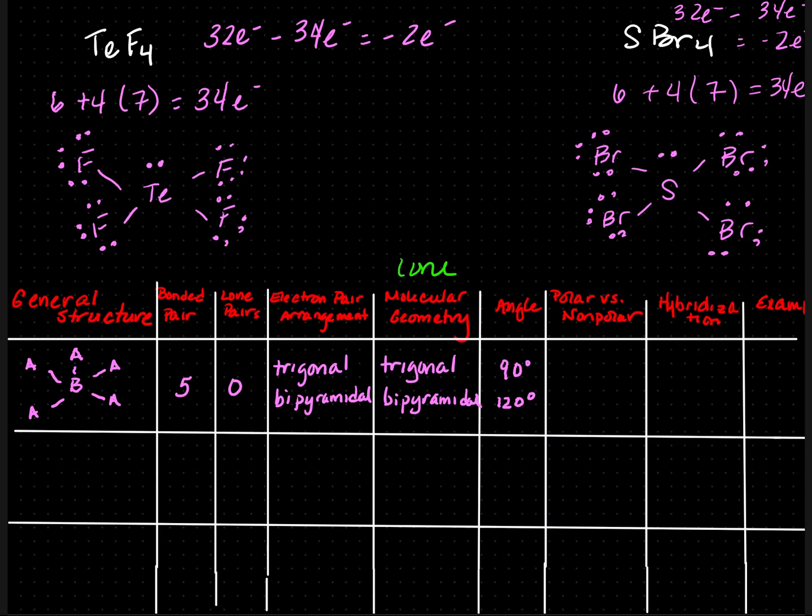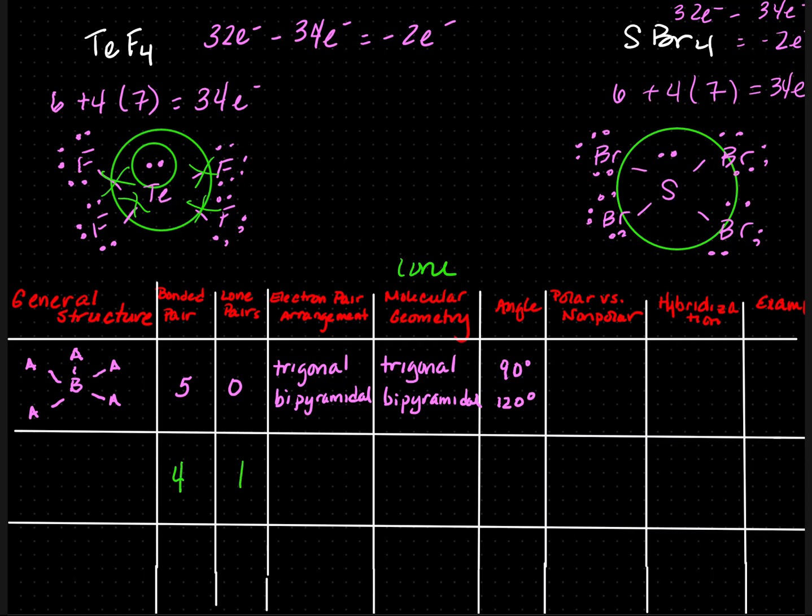If I look at my central atoms Te and S, they both have 4 bonded pairs and 1 lone pair. 1, 2, 3, 4 bonded, 1 lone. Same goes for sulfur. So the bonded pairs are 4, the lone pair is 1.